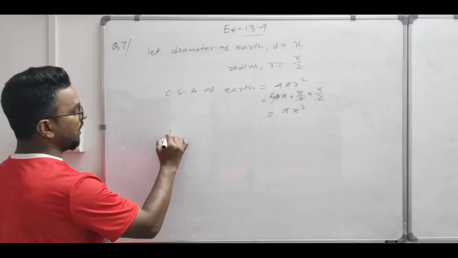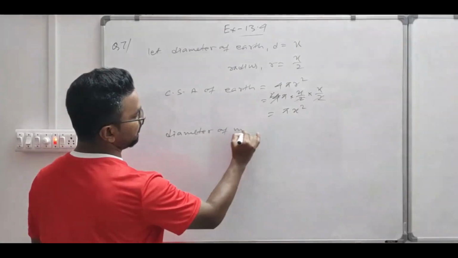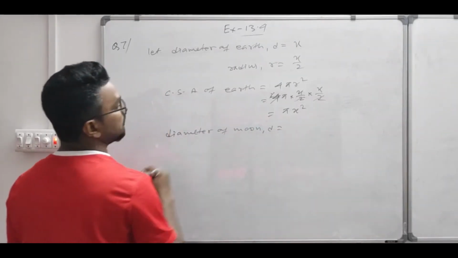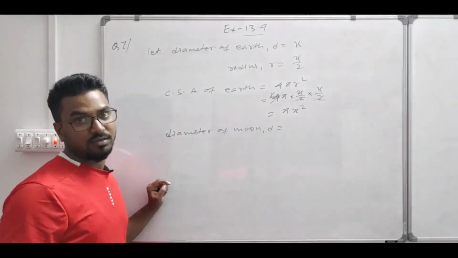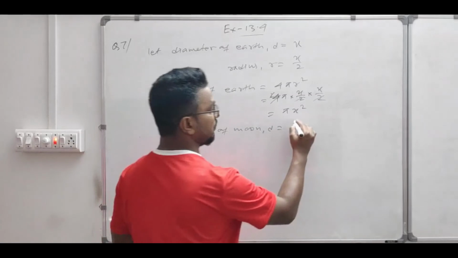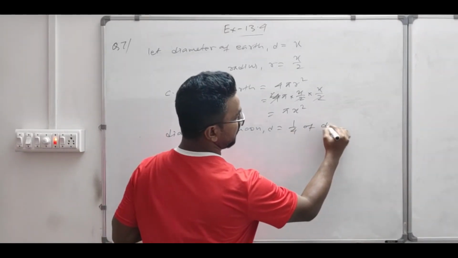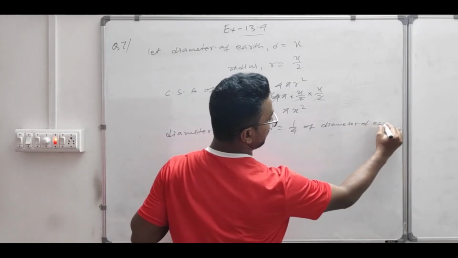Next, diameter of moon d. What will be the diameter? Diameter is given as 1/4 of the diameter of earth.